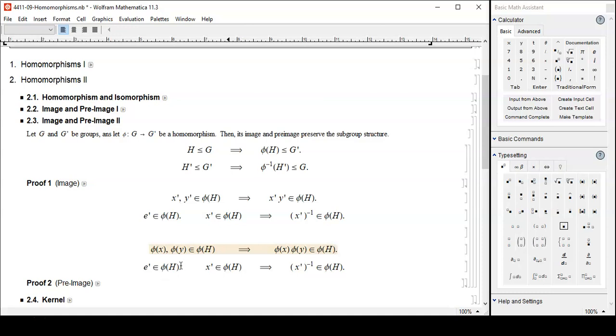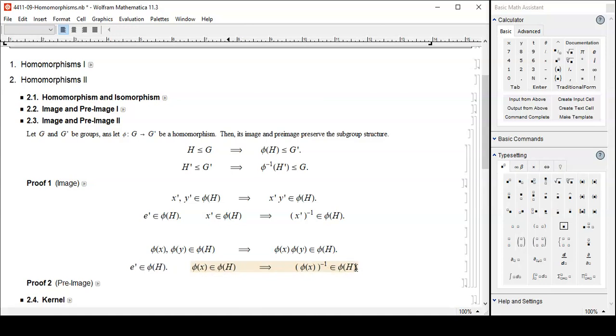And then, let's see. This too came from phi of H, so E prime should be written as phi of something too. I'll withhold that information. This one here can be rewritten like this.